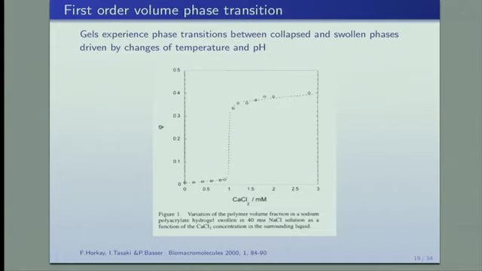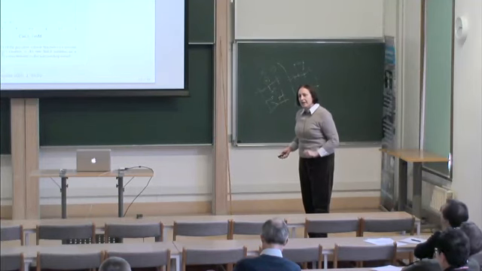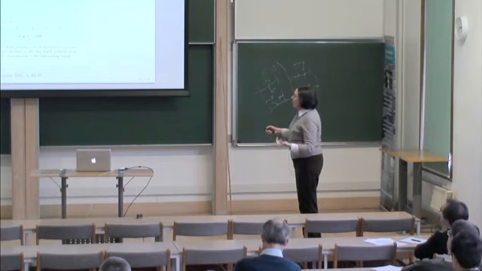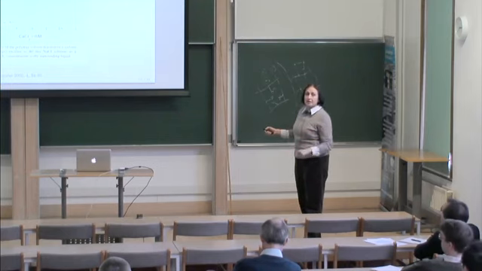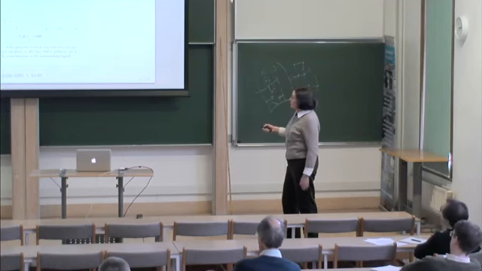Every one of these points is a static experiment. So they change the concentration of, in this case, calcium chloride, let the system stabilize, and measure the volume fraction of polymer, which, by the way, is basically the inverse of the deformation gradient. So this is one-dimensional.